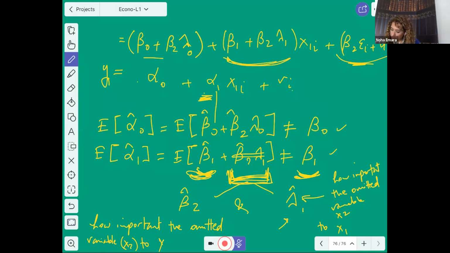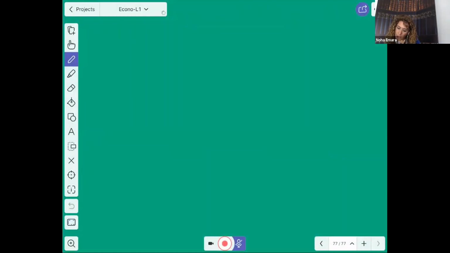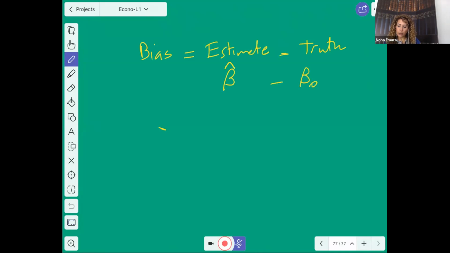You can think of the bias as the gap between your estimation and the truth. A bias is the difference between my estimation and the truth. This gap, in expectation, is called the bias.